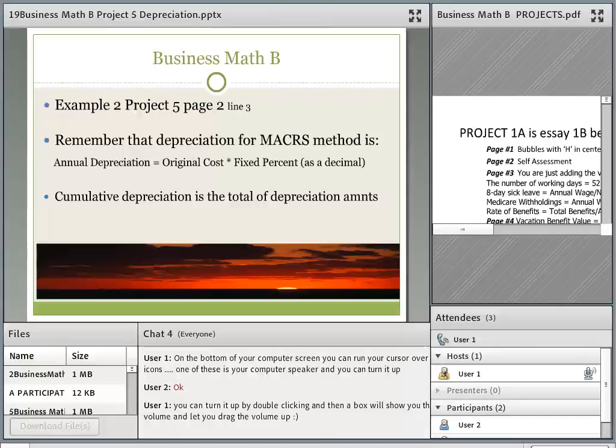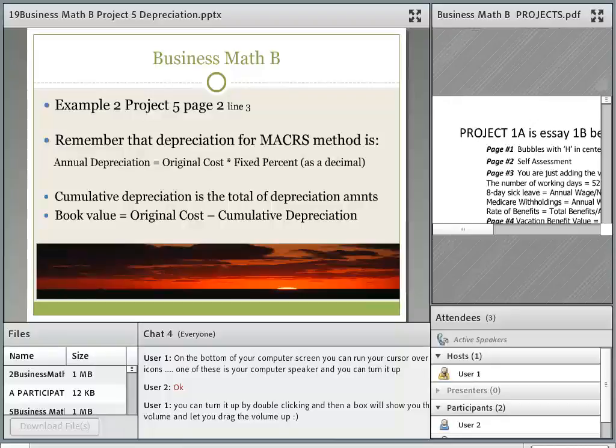Again, cumulative depreciation is the same: you just add all of the depreciation amounts together. And the book value is the same: original cost minus cumulative depreciation.